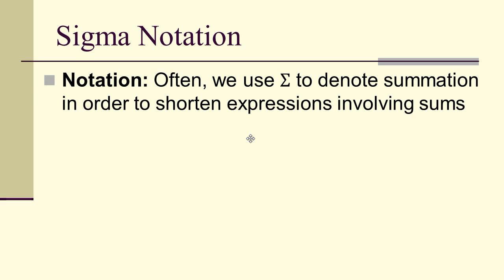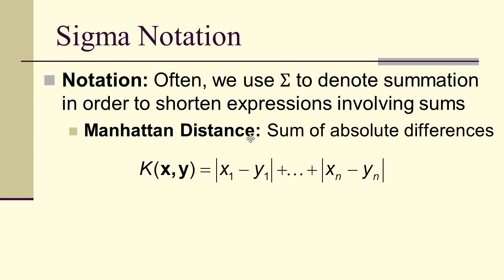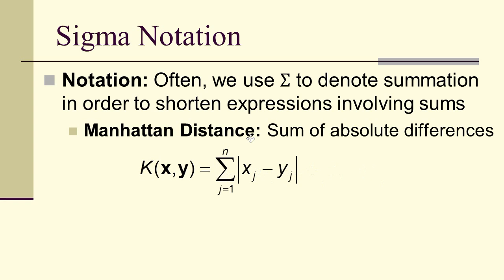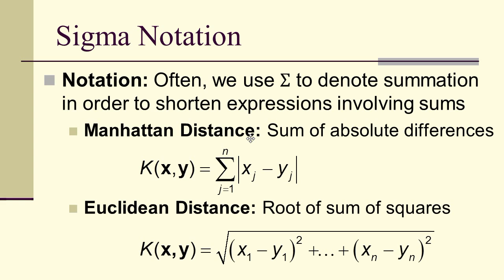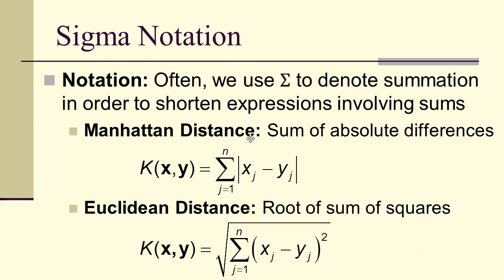Now let's look at some notation. Often we use capital sigma to denote summation in order to shorten expressions involving sums. So the Manhattan distance, the sum of absolute differences, can be written in sigma notation, as you see here. The Euclidean distance, the root of the sum of squares, can be written as the square root of summation (xj minus yj) squared.